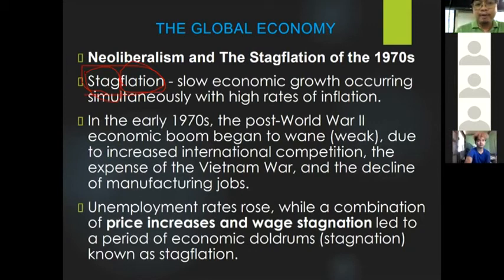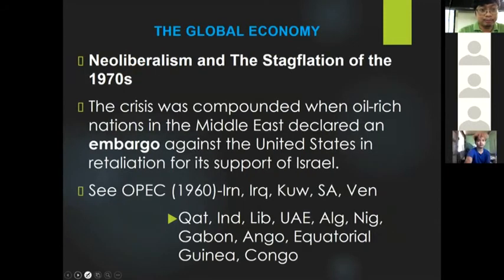And when there is a steady increase in prices of products and there is slow economic growth, that can be called as stagflation. It happened in the early 1970s. So yun yung stagflation.